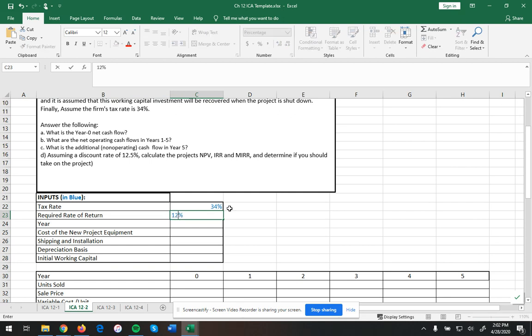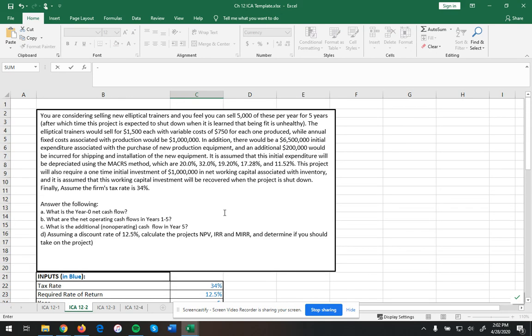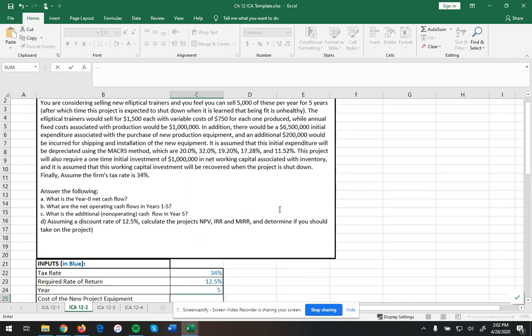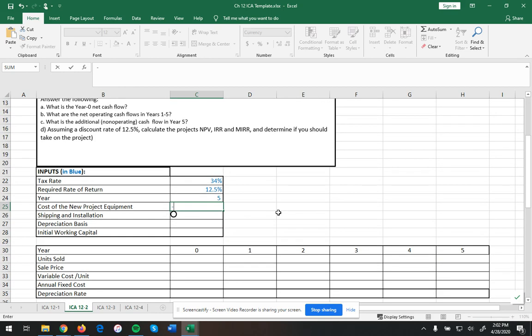I know the company's required rate of return is 12.5%, or their cost of capital, same thing. I know it's a 5-year project. We know the new equipment is going to cost, I believe, $6.5 million, so negative $6,500,000.